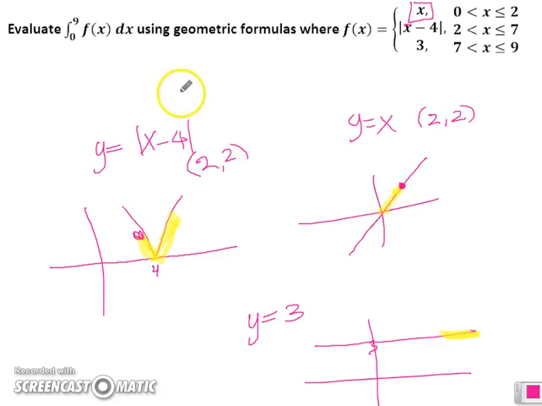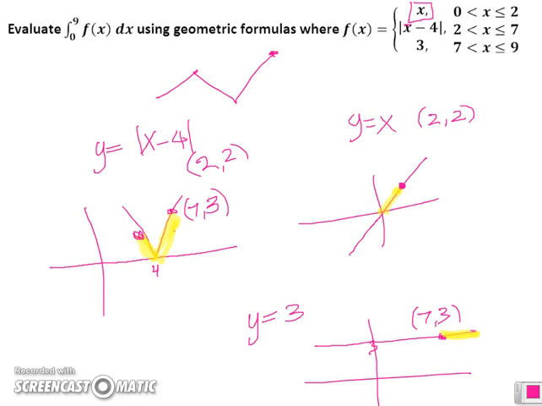So this is going to look like this, and then it's going to look like this. And at the point 7, when x is 7, this one stops. It stops when y equals 3, and notice that this is where y equals 3. Okay, so that's just a quick recap of piecewise.